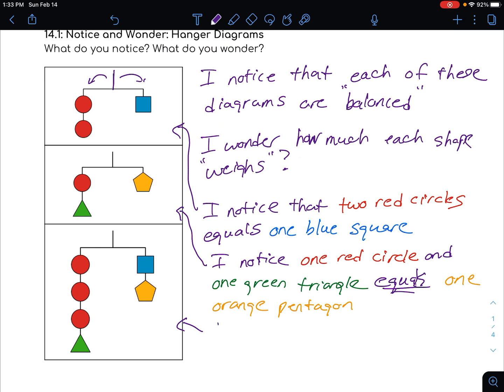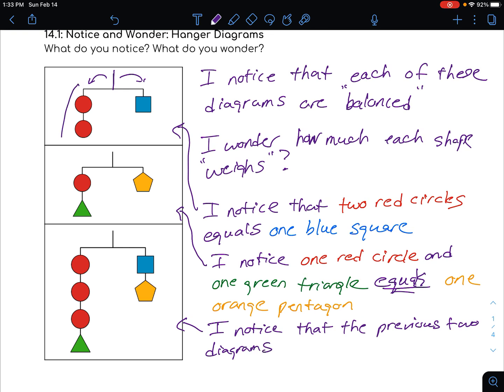All right, so in this last diagram, I notice that the previous two diagrams are added together to get this last diagram, right?